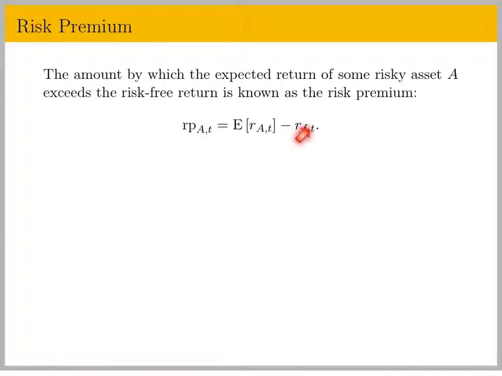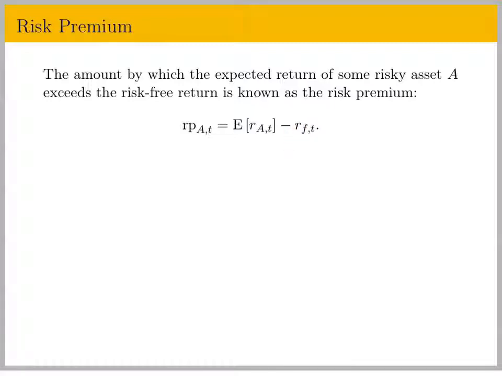Now it turns out if we treat the risk-free as a constant return, we don't need to actually put a t on it. Or if we do think of it as a changing interest rate, but one which is free of risk, then this R_{f,t} is known at time t minus 1 before time t occurs, whereas this return is not known before time t occurs.